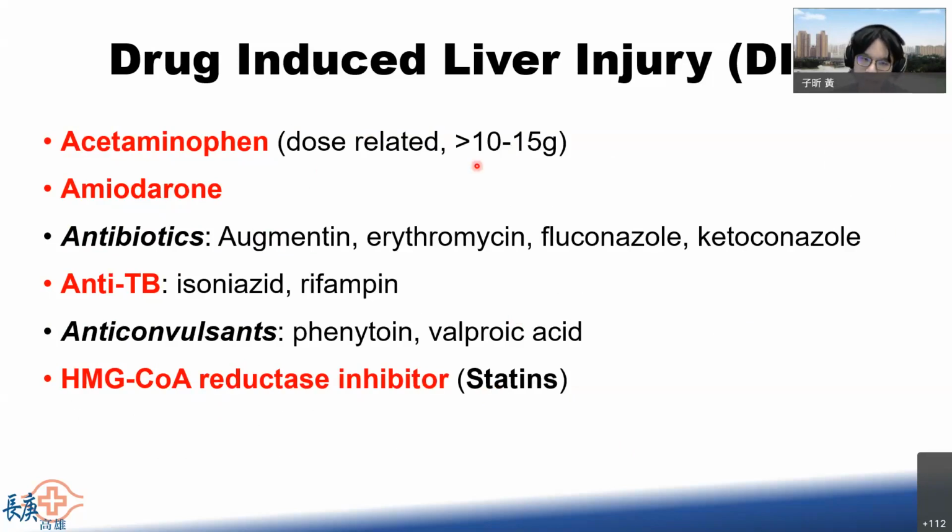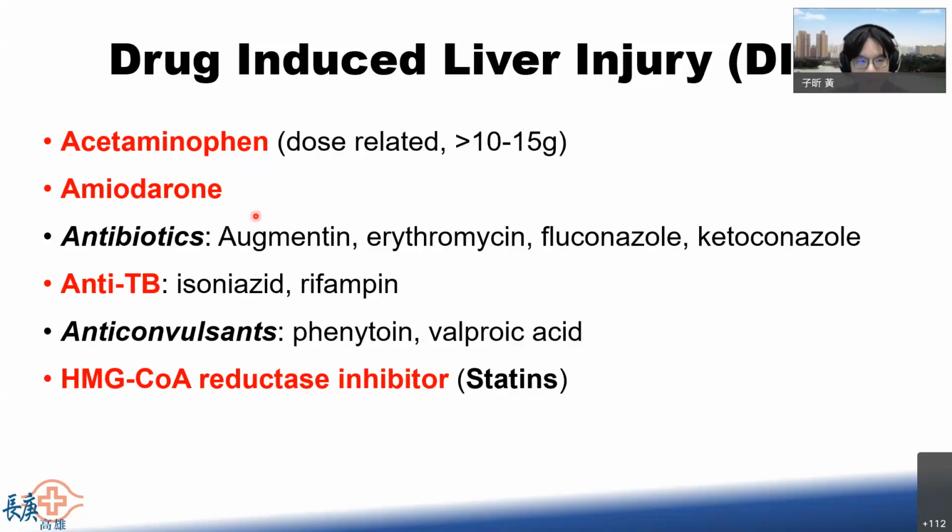It will usually take over 10 to 15 grams of acetaminophen to cause liver injury. And usually you only take one pill at a time, and each pill contains only 0.5 grams of acetaminophen. So usually this is intentional swallowing a bunch of pills that may cause such severe hepatotoxicity.